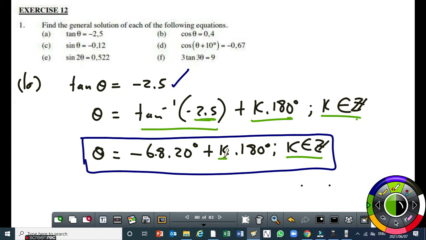You use what is called trial and error. You substitute, say, k equal to 0, then you get a value for theta. k equal to 1, k equal to minus 1, k equal to 2, k equal to minus 2, k equal to 3, k equal to minus 3. You oscillate. And this formula is called the general solution. You can use this trigonometric equation to find all the possible values of theta that can satisfy that equation.